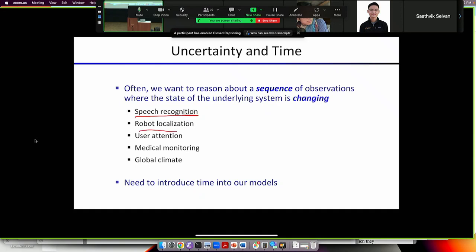Robot localization, so building maps, just as we saw with the propositional Pac-Man, where we can have it figure out its location. As we collect evidence, we narrow down the set of possibilities. We can have it build maps.